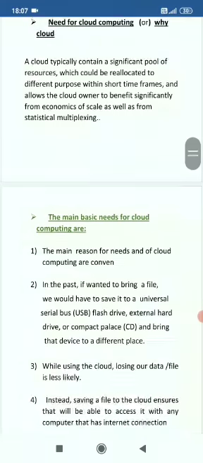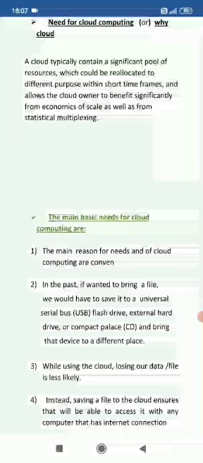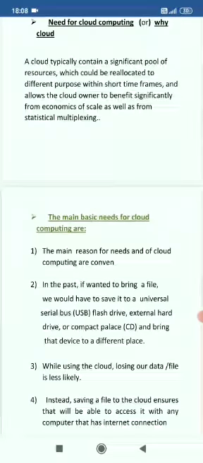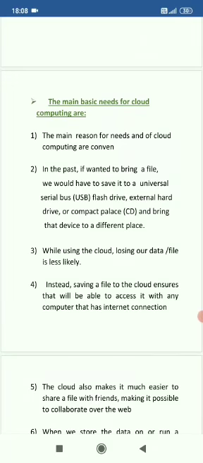Next, let's move on to the main basic needs for cloud computing. The first main reason for the need of cloud computing is conveying. That means information is shared from one internet to another.